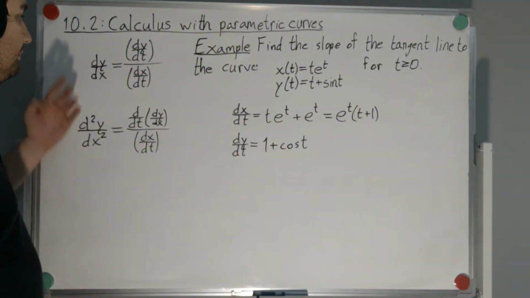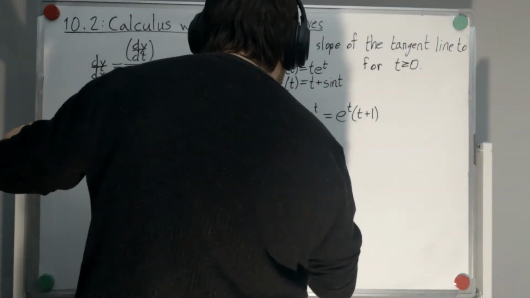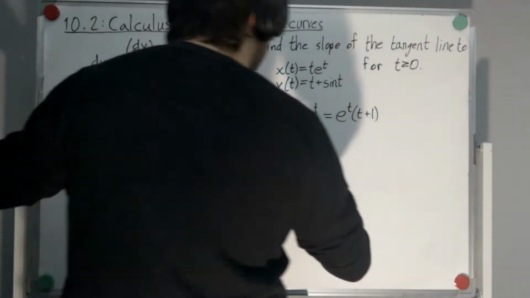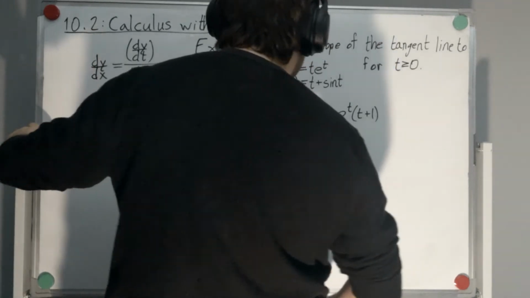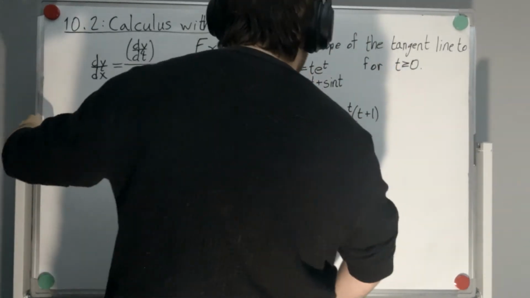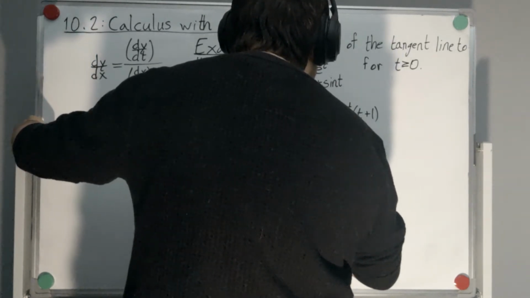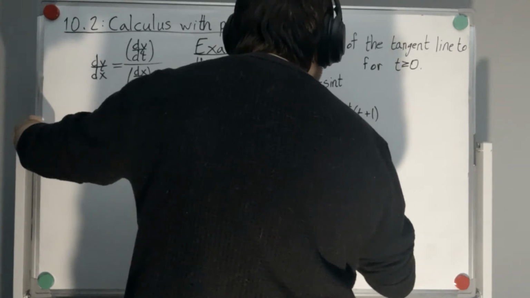And so, by this formula, dy/dx is just going to end up being e^t (t + 1). Oh, wait, no, it's the other way around. It's going to be (1 + cos t) divided by e^t (t + 1).